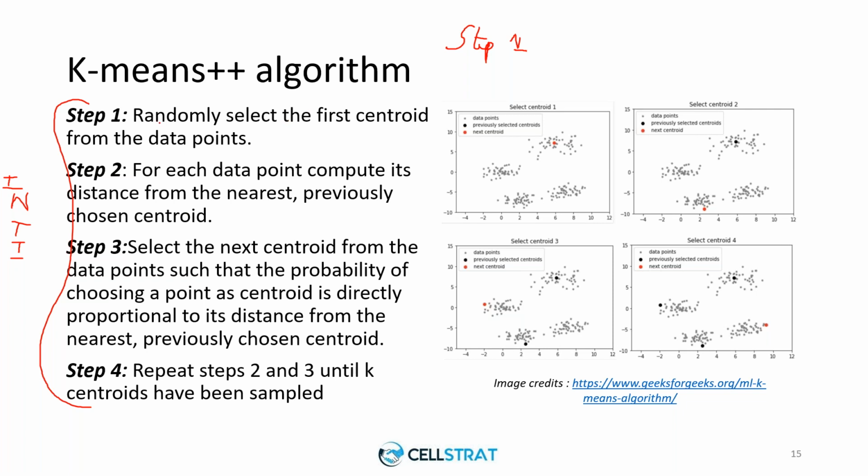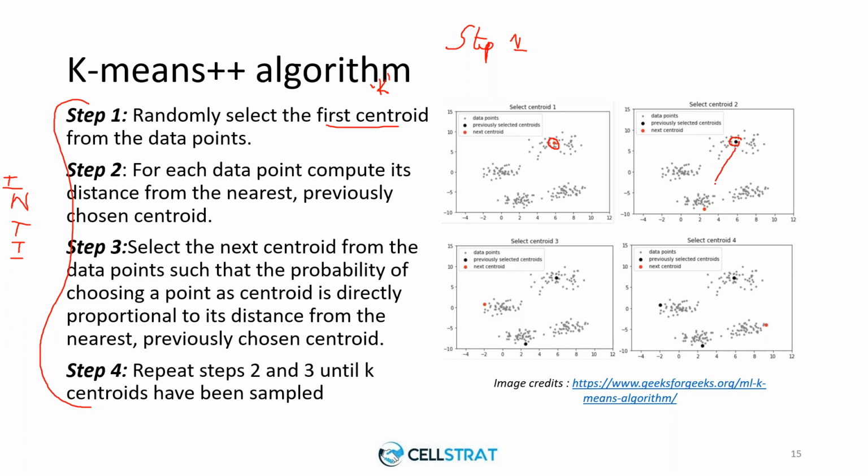So what does it do here? If you have selected, let's say, K clusters, it does not randomly assign centroids for all the K clusters. First, it randomly selects the first centroid, somewhere here. Only one random initialization. Next, it calculates the distance of each data point from this initially assigned centroid.